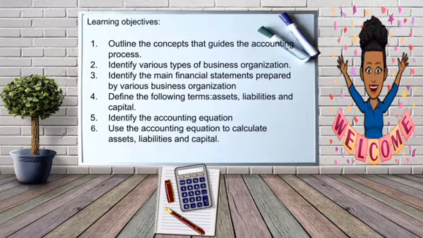For this lesson, we would want to achieve the following objectives. 1. Outline the concepts that guide the accounting process. 2. Identify various types of business organization. 3. Identify the main financial statements prepared by various business organizations. 4.